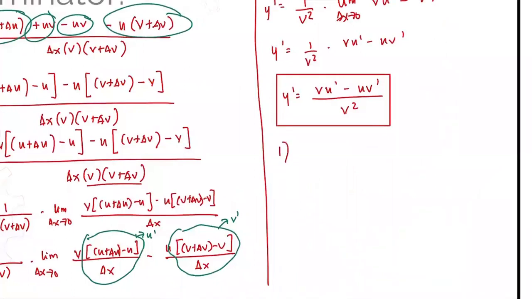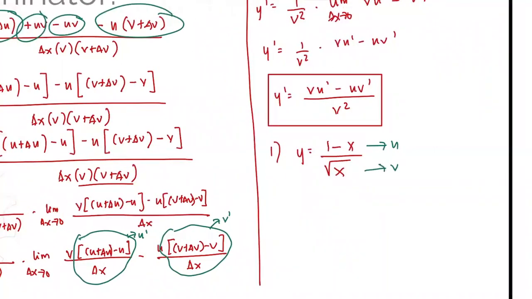We have y is equals to 1 minus x all over square root of x. Okay? So i-indicate lang natin kung ano yung u at v natin. So ito yung u, ito yung v. So kunin lang natin ang derivative. So u is equals to 1 minus x.